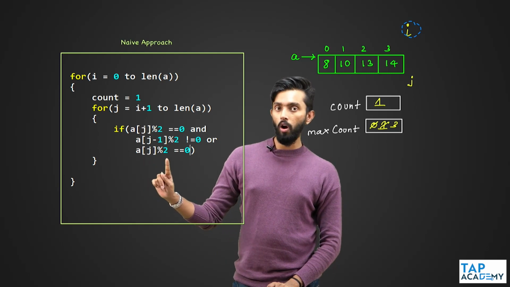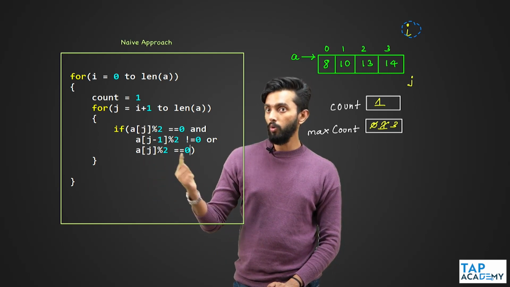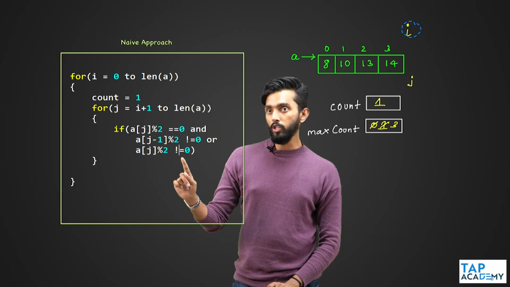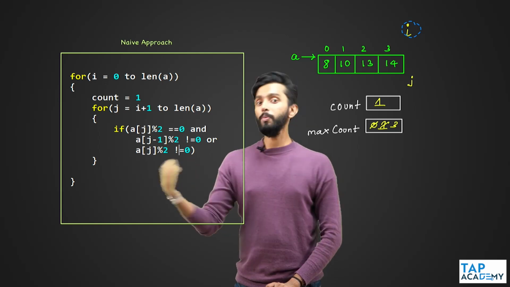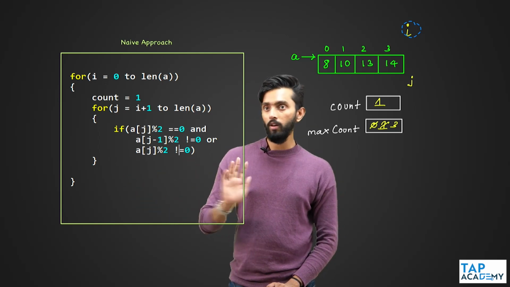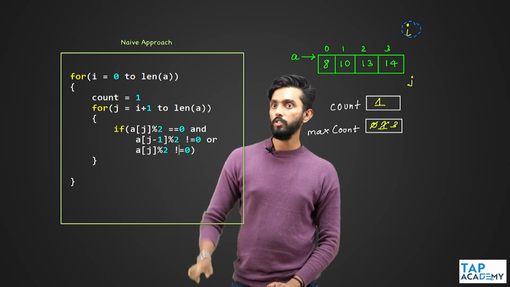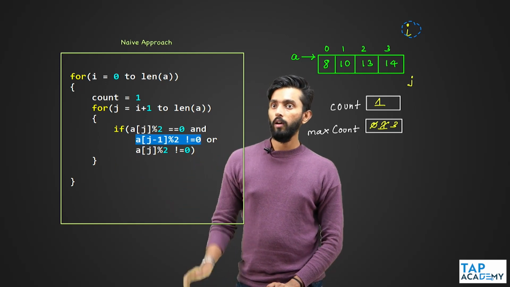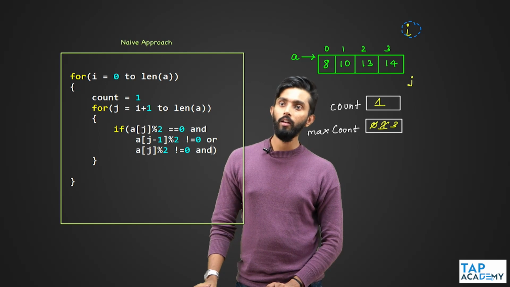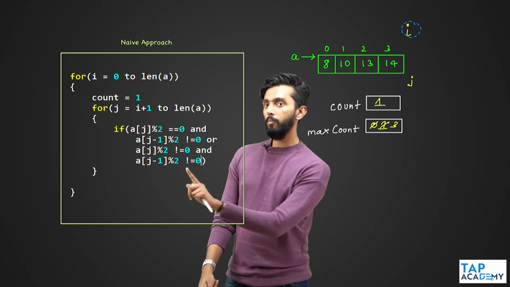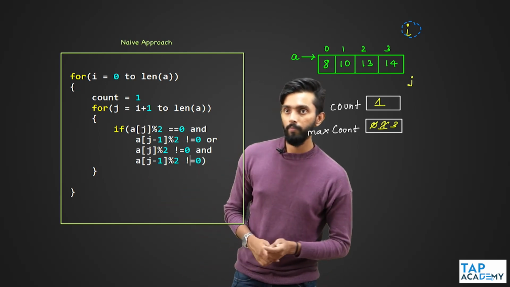Now j mod 2 not equal to 0. Not equal to 0 means j is odd, which means j's previous element should be even. I will copy this, paste it again, press enter, paste it, and make that equal to 0.